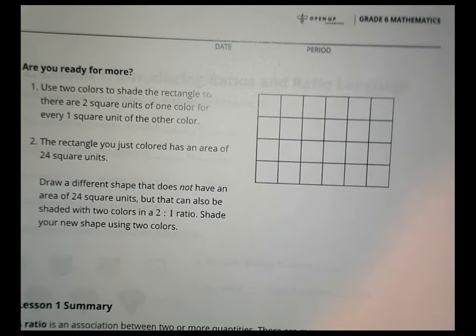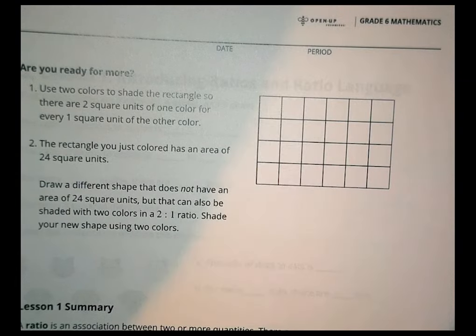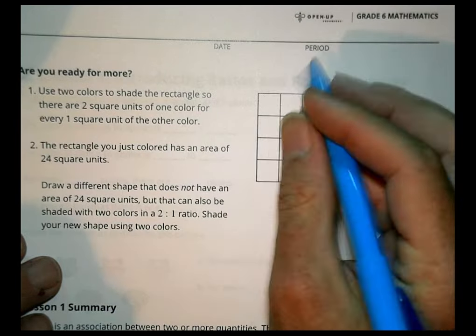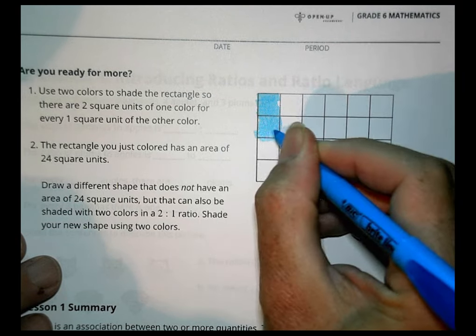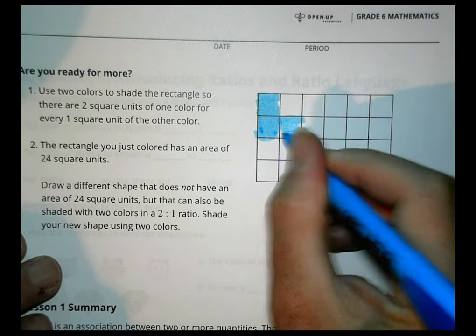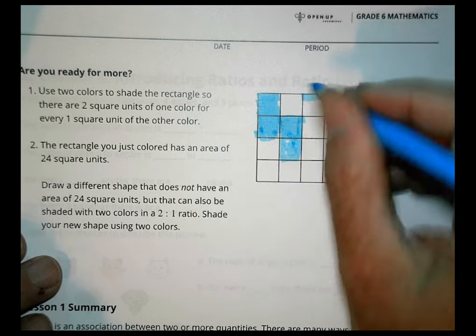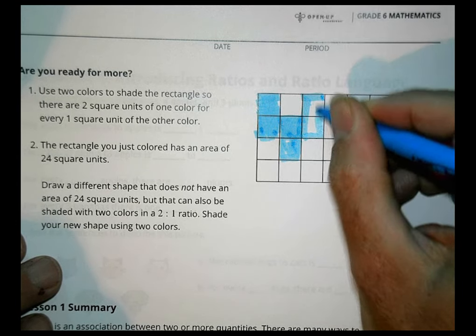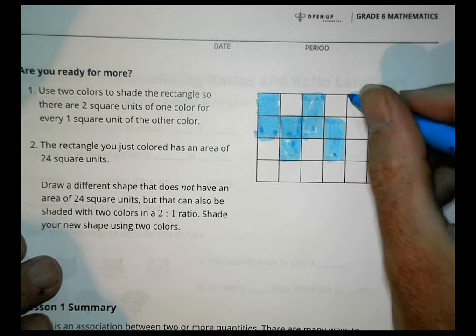It says use 2 colors to shade the rectangle so there are 2 square units of one color for every 1 square unit of another color. Alright, so let's do this here. So we're going to shade this one, 2 right there. Okay, I'm going to shade this one a 2, I'll shade this one a 2, and a 2, and a 2.